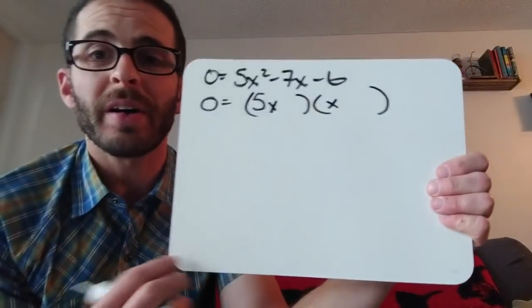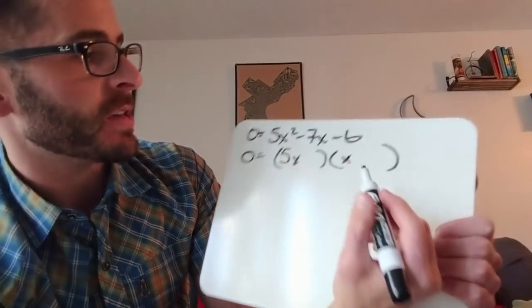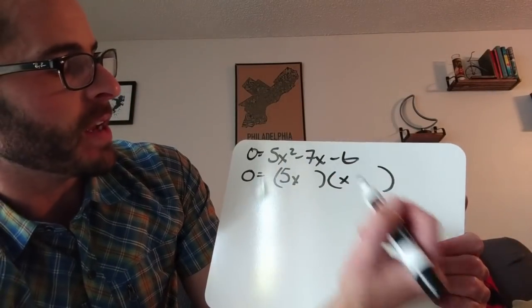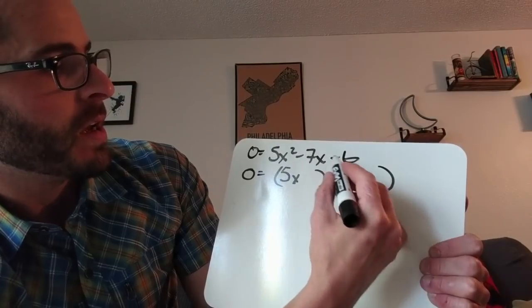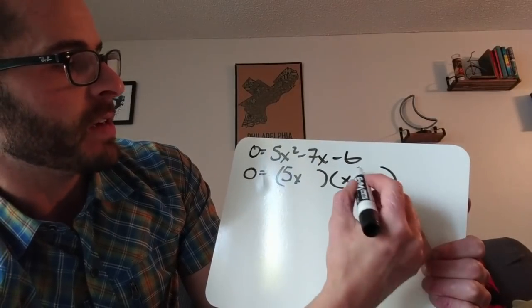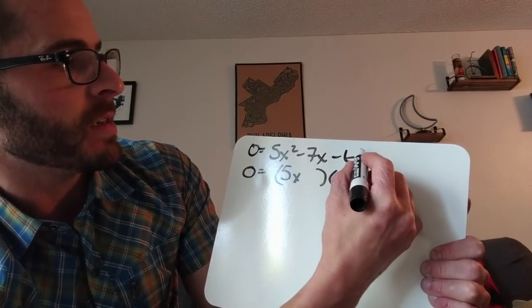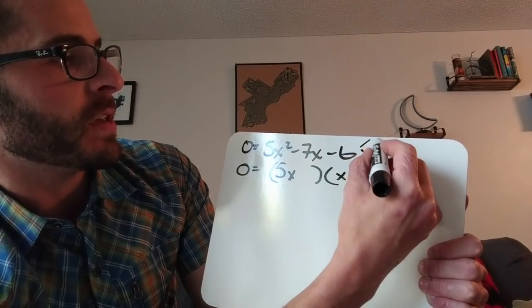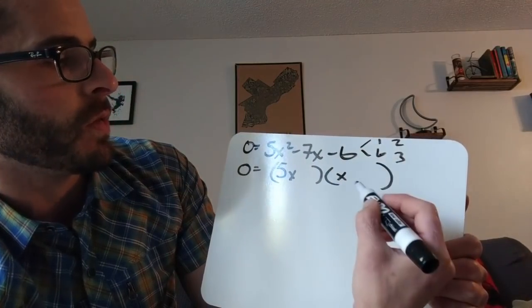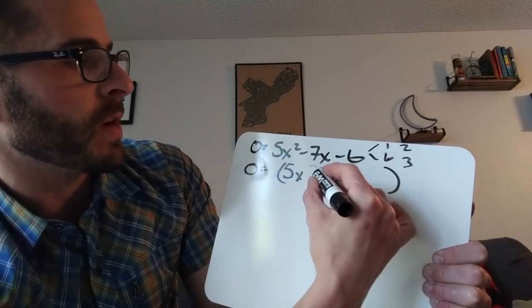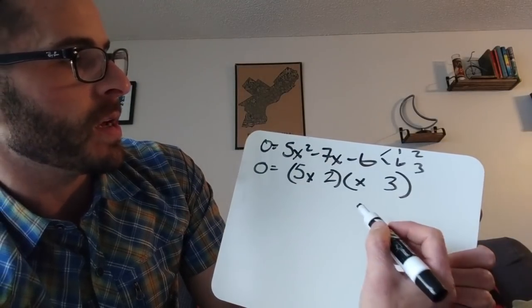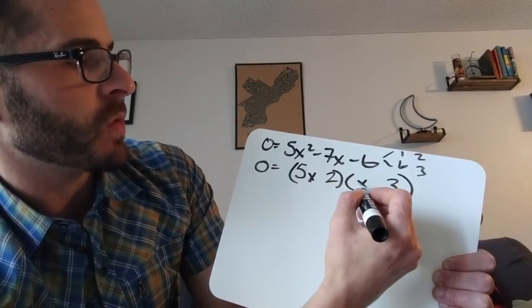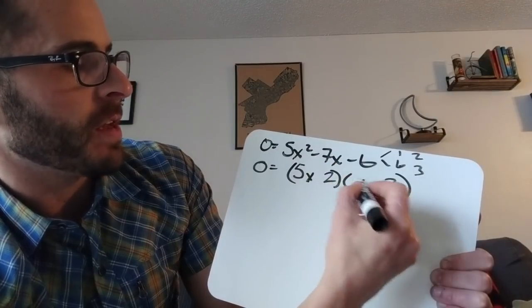So the only way to multiply to 5x squared is 5x and an x. So now I just got to figure out how can I get this 6, and the 5 to get to 7. So I'm going to guess that I can factor the 6 to 1 and 6 or 2 and 3. So I'm going to try 2 and 3. If I put the 2 here and the 3 here, 5x squared, that'll be 15 and that'll be 2.